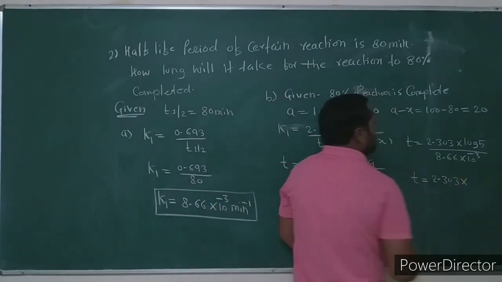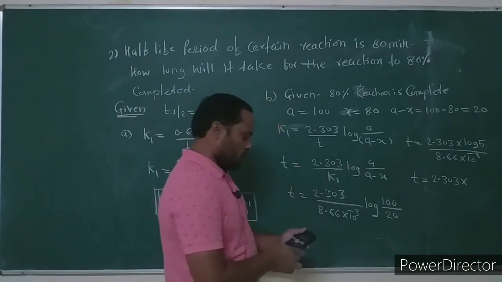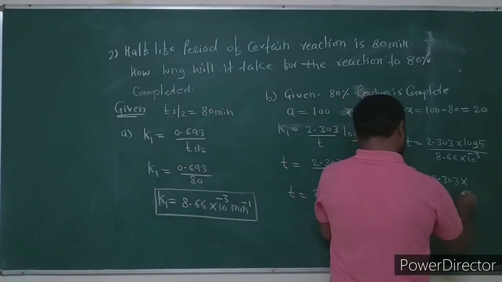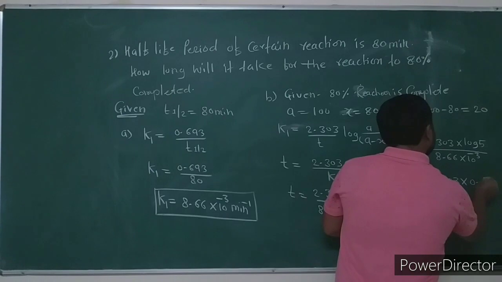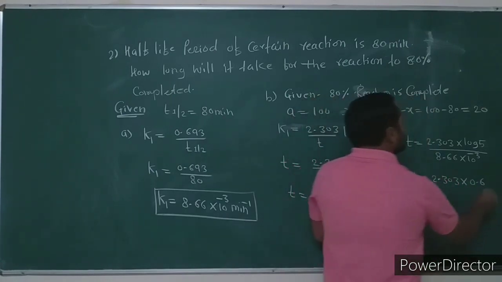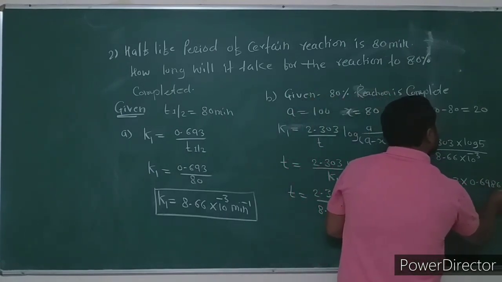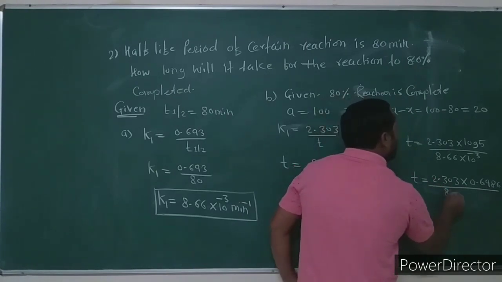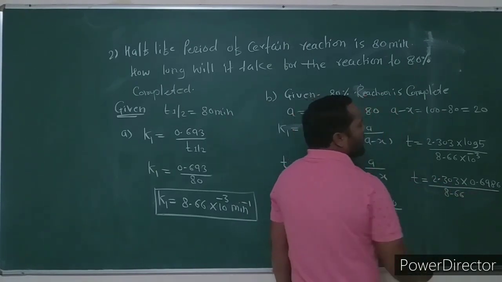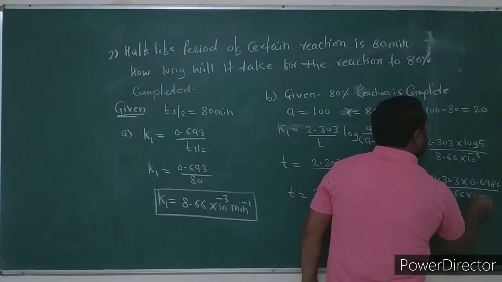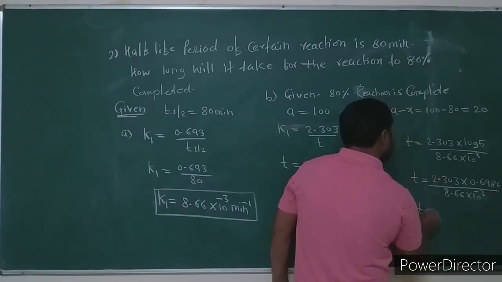What is the value of log 5? The log 5 is 0.6989.